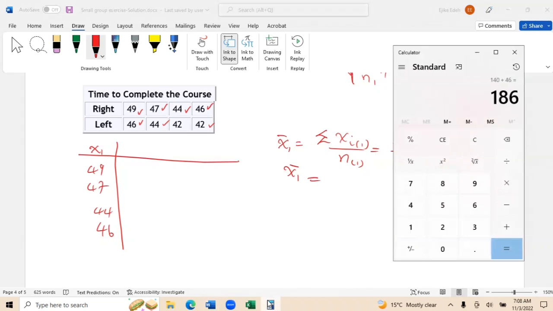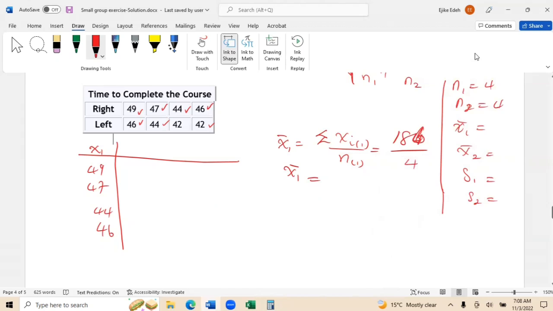Let's get our calculator back. 186 divided by 4 gives us 46.5. So that is your mean of group 1. We can go ahead and calculate our mean of group 2. And remember, group 1 is just those who did it with the right eye covered. For the mean of group 2, we could say left eye here. This happened again.